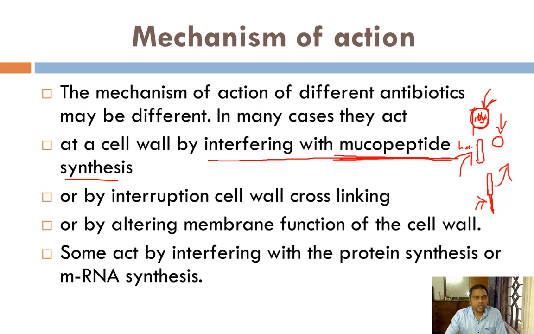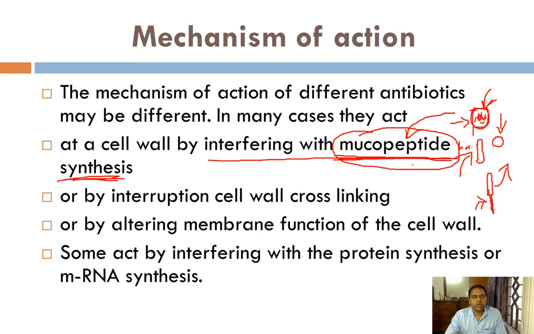One thing is, they interrupt the synthesis of the cell wall, right? The cell wall needs the component called mucopeptide, so this mucopeptide synthesis is interrupted. That's why the cell wall is not going to form, and the bacteria is not going to form at all. That's how they stop the growth of the bacteria.